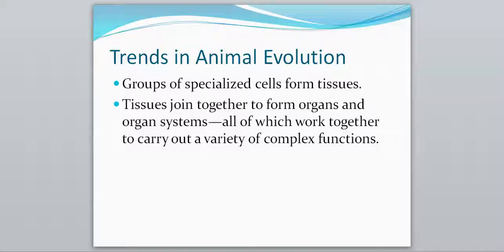Just a quick review of how specialized cells are organized: groups of cells form tissues, groups of tissues join together to form organs, and groups of organs come together to form organ systems, all of which work together to carry out a variety of complex functions. Hopefully that is a review, and we should all know how we are made up, how our cells specialize, and how they're organized.